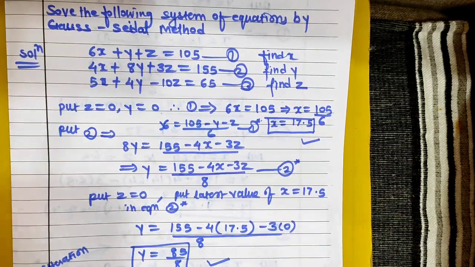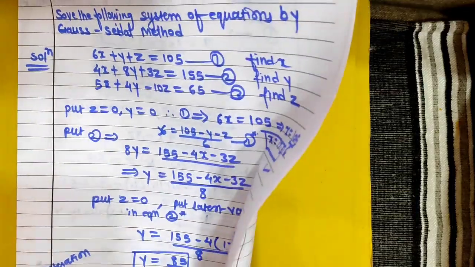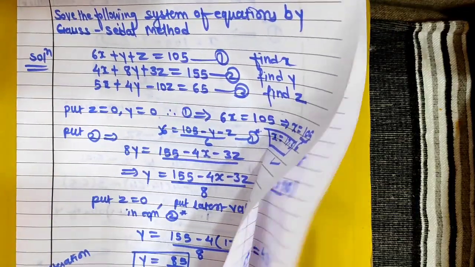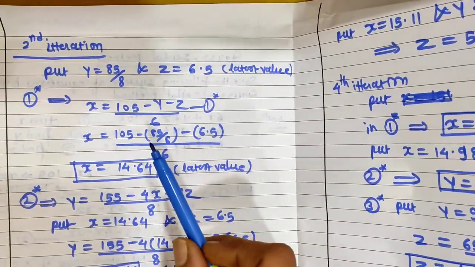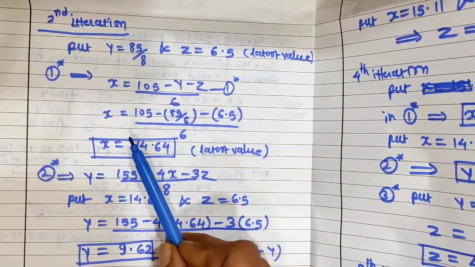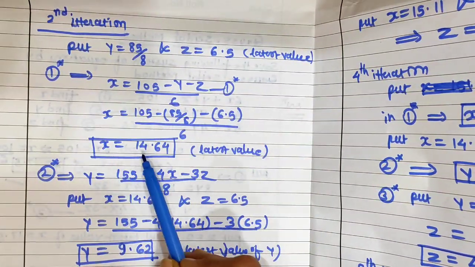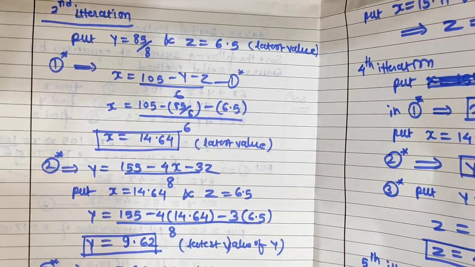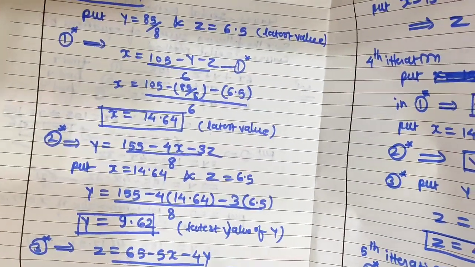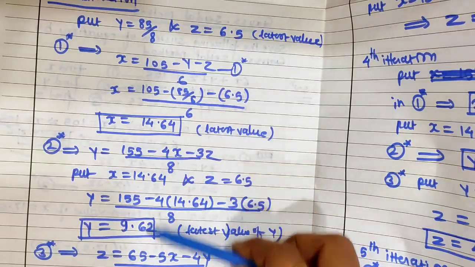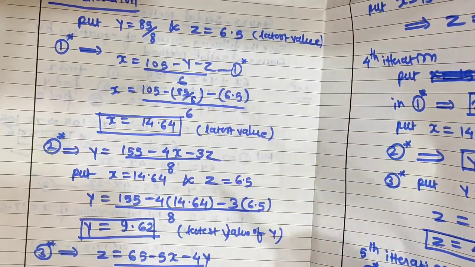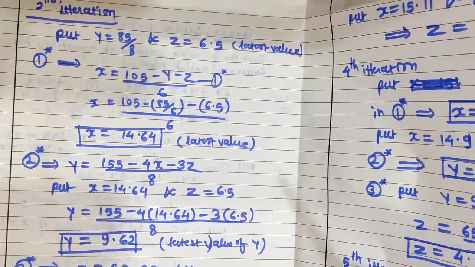Now we are using these latest values in the second iteration. In the second iteration we have to find these again. Then again we got the latest value as this one, and z equal to this one. Then in the third iteration, look at the difference, there is too much difference, that means we have to carry on again to the fourth iteration.